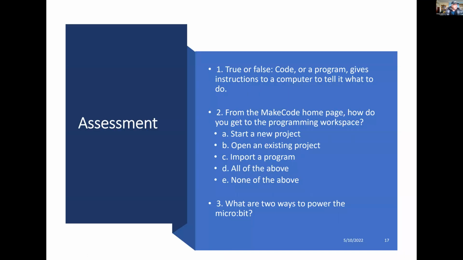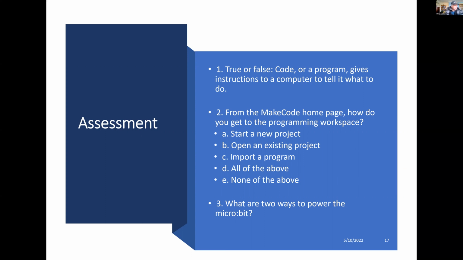Okay, so here's a couple of questions, just 3 of them. True or false? Code or a program gives instructions to a computer to tell it what to do. Is that true or false? So the second one is from the Makecode homepage, how do you get to the program workspace?